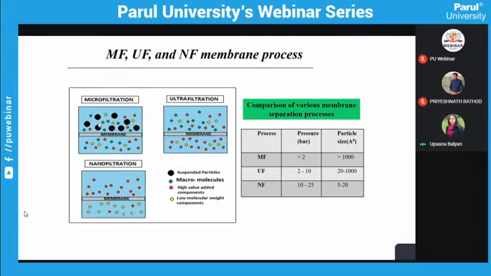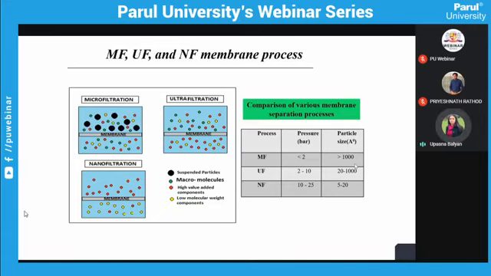When you force the feed over the membrane of the microfiltration range, the suspended particles will be removed, because the pressure is very low and the size range is greater than 1000 angstrom. The next process after microfiltration is ultrafiltration, which can remove the macromolecules but not the low molecular weight impurities and high value added components.